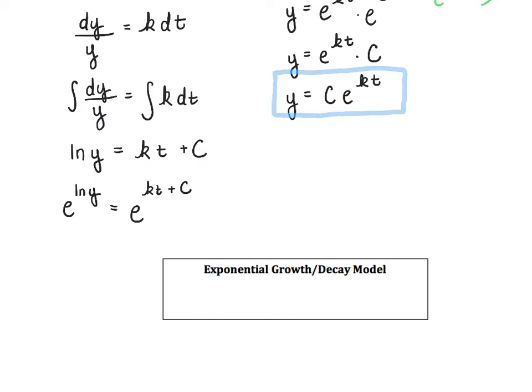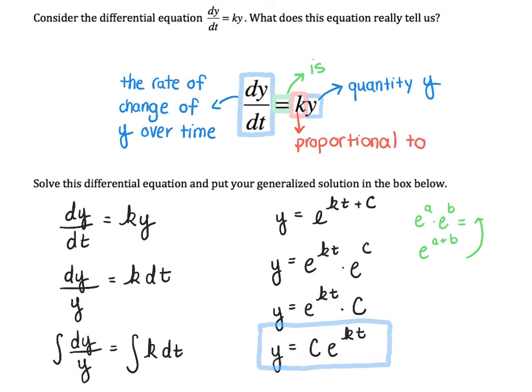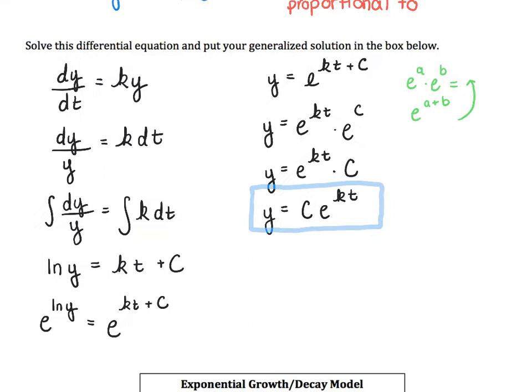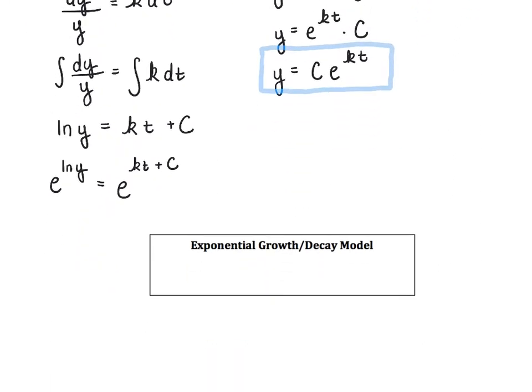So the solution to the differential equation dy/dt equals ky, in other words, for any situation where the rate of change depends on the quantity present, will look like this: y equals some constant c times e to the kt.